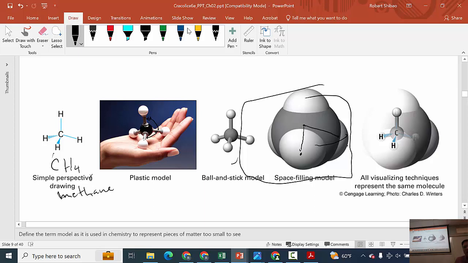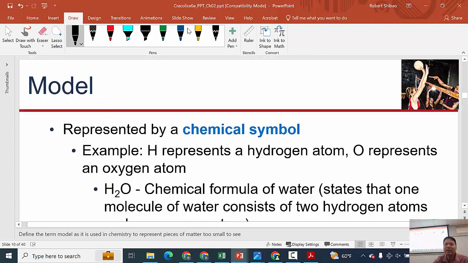If we know the length and the angle, then we know the three-dimensional shape of it. So mathematically, 2 things will define methane, the length between the center of the spheres and the angle. Methane's a gas.